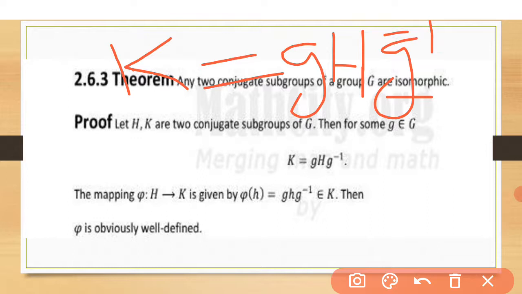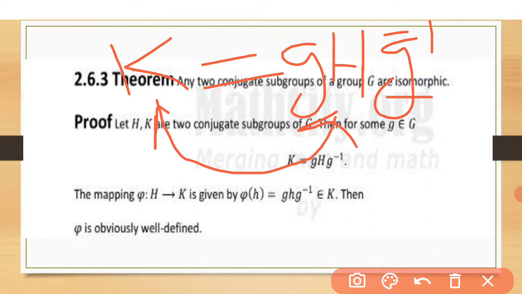For isomorphism, we need to prove that K has a mapping one to one with H and it is onto. Obviously, it is onto because all the images of elements of K are from H.